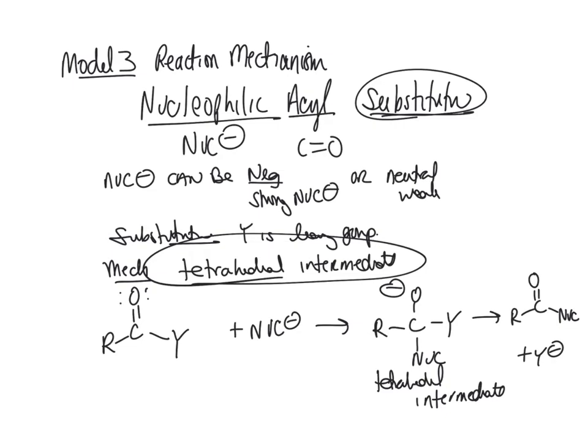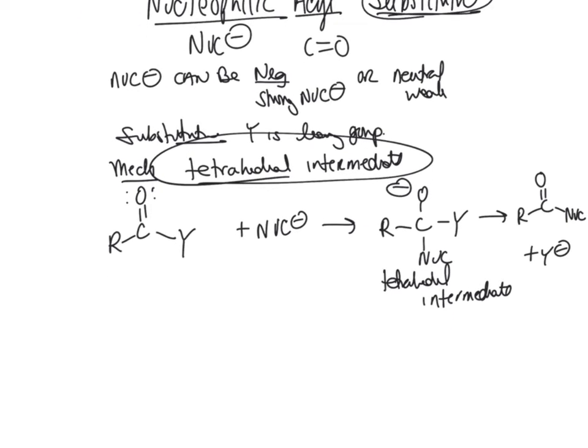So let's answer our question 5. For the reaction shown in Model 3, draw curved arrows to show electron movement for both steps in the mechanism. You will have to do this, okay? So you always draw from the nucleophile to your electrophile, and then those electrons go on to oxygen.